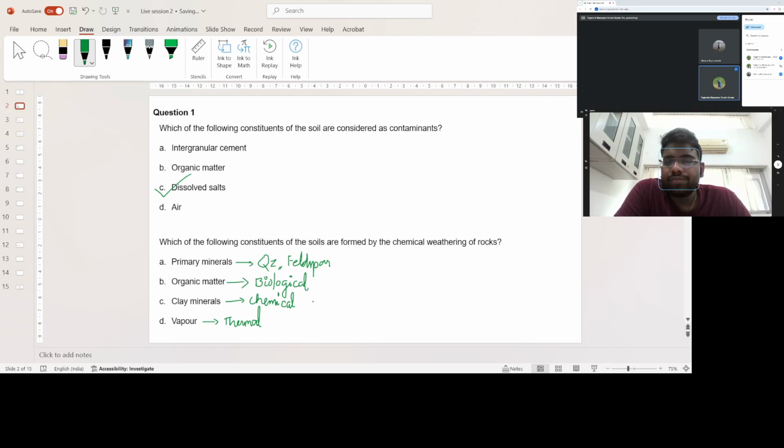It may be hydrolysis, hydration, carbonation, and several types of reactions are there. So that is essentially why clay minerals are formed due to the chemical weathering of rock. I hope I am clear now.